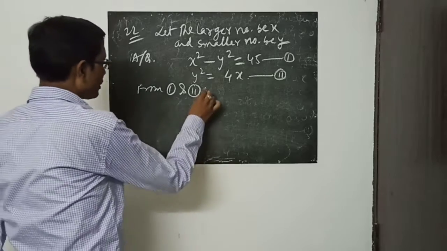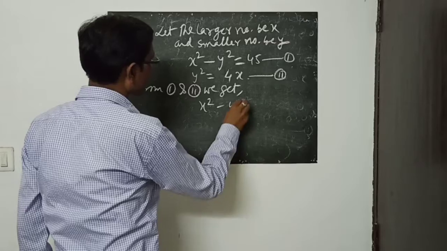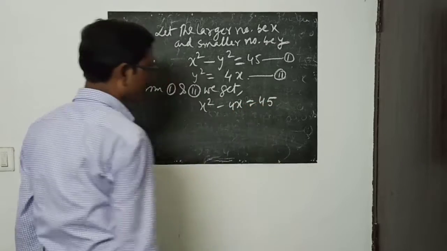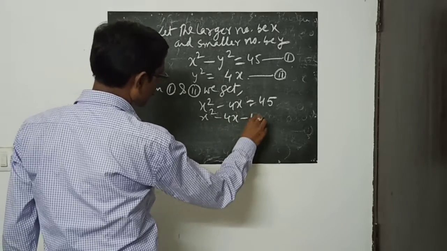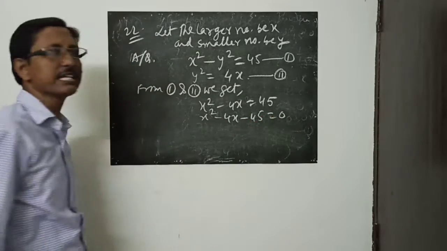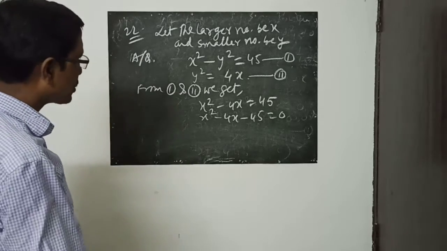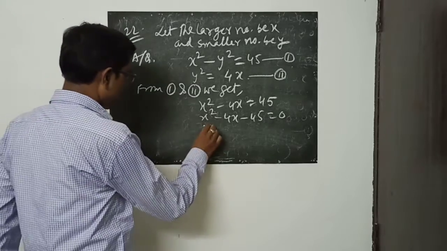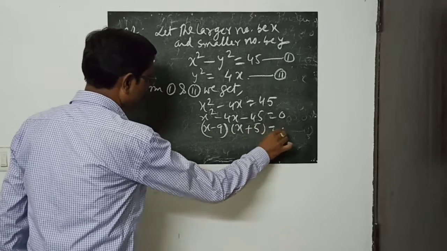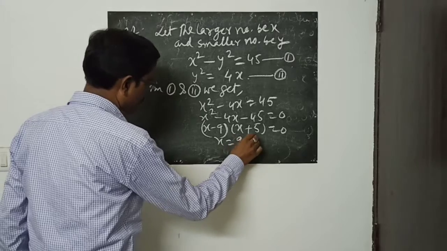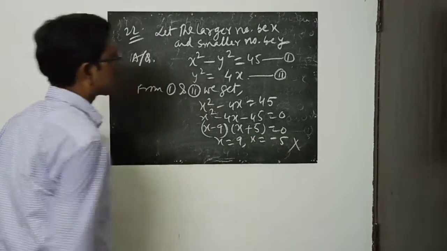So ultimately we get x square minus 4x equal to 45, or x square minus 4x minus 45 equal to 0. If you do the factorization, 9 into 5 is 45, so (x minus 9)(x plus 5). So x equal to 9 or x equal to minus 5. That will not be taken.